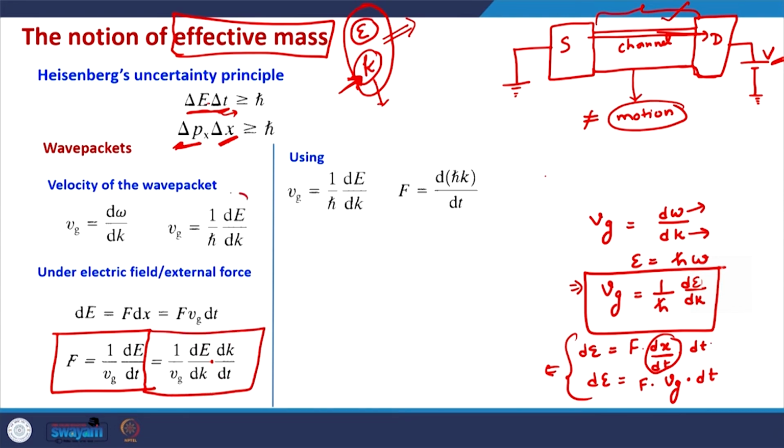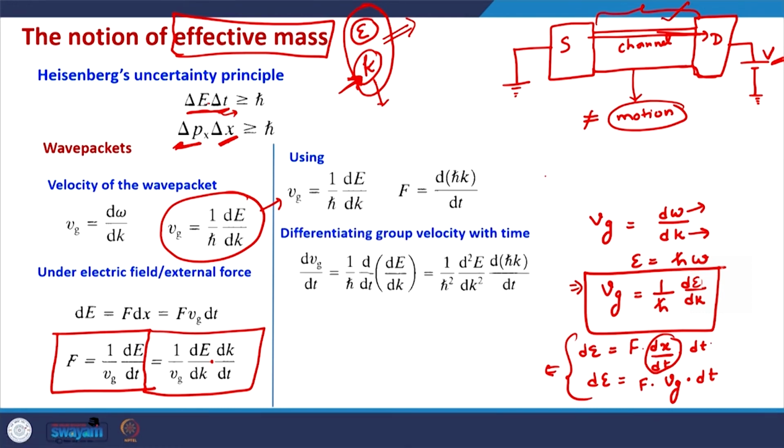So, by using this expression Vg equals 1 by h bar dE by dk, and writing dE by dk from this expression, dE by dk will be F times Vg times dt by dk.